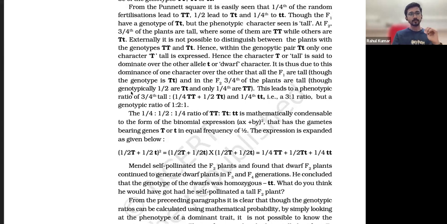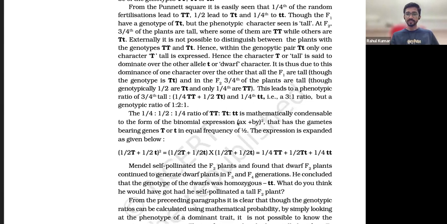Half, 1/2. So gametes that bear the genes, capital T or small t, these are two different alleles of the same gene, they bear it in equal frequency of half. And if so, that makes a also half and b also half, because x and y are your two different alleles, capital T and small t.